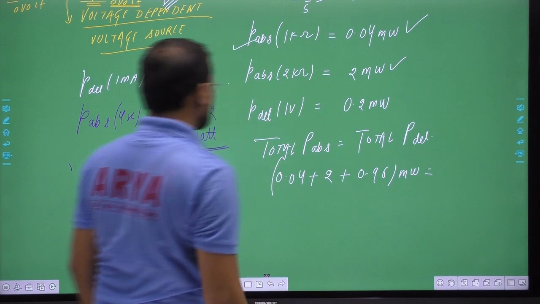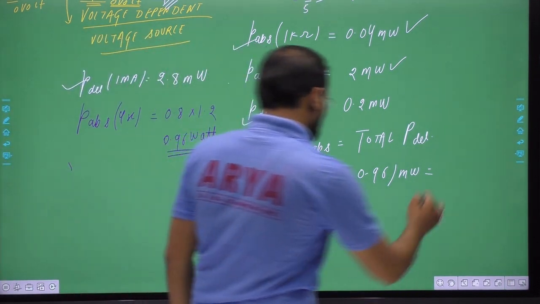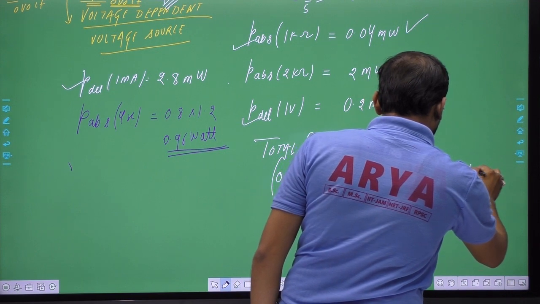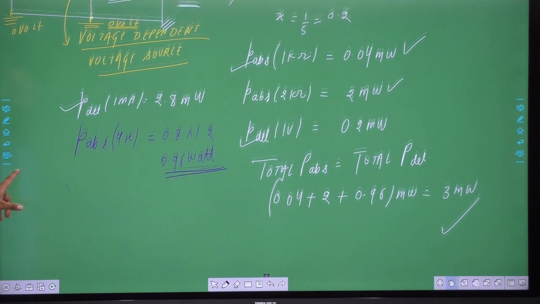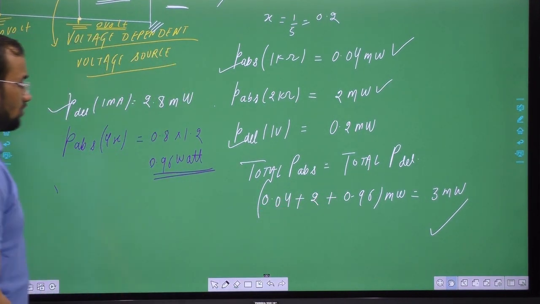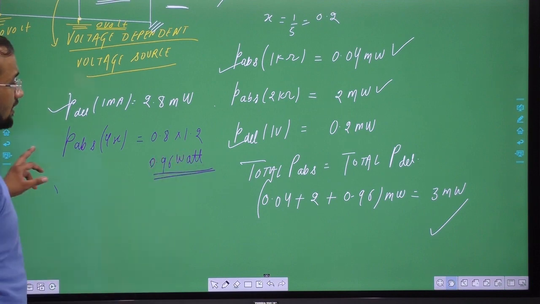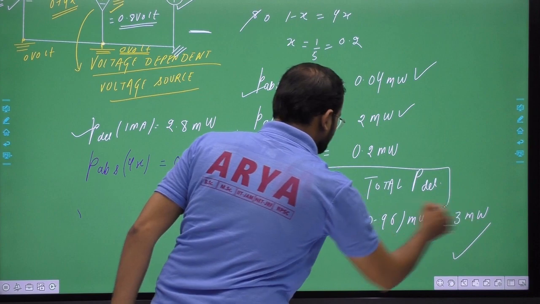This must be equal to the delivered power. Delivered power is 0.2 milliwatt plus 2.8 milliwatt. The value will be equal to 3 milliwatt, and it is correct. So our calculation is correct from both sides. 0.96 plus 0.04 gives us 1, and 1 plus 2 is equal to 3. Okay, 3 milliwatt, and this is verified.